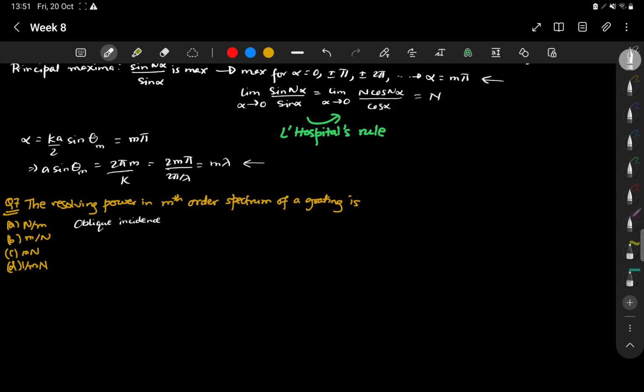So for oblique incidence with sideways tilting, our alpha is not just Ka by 2 sine theta, instead Ka by 2 sine theta minus sine theta I, where theta I is the incident angle. When theta I is 0, then we have normal incidence. So theta I equals 0 degrees is normal incidence.